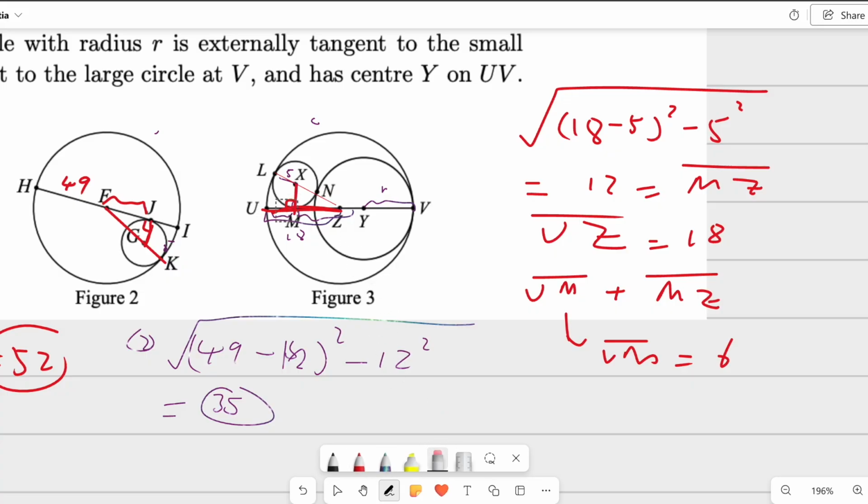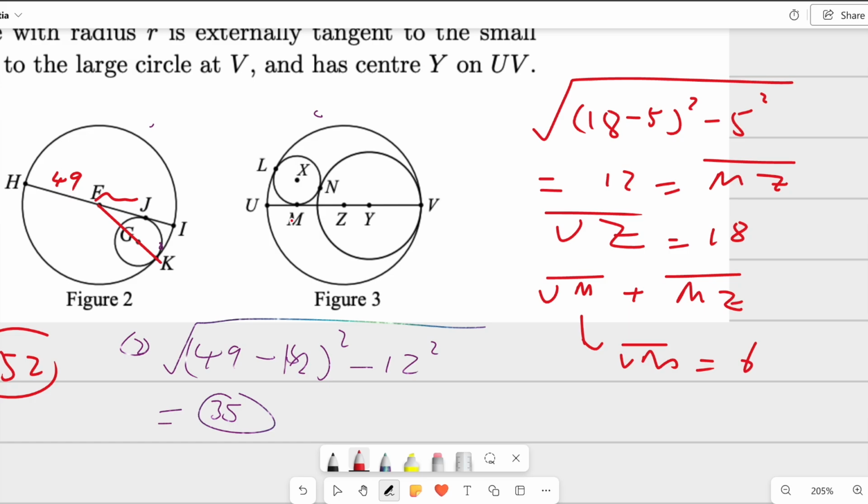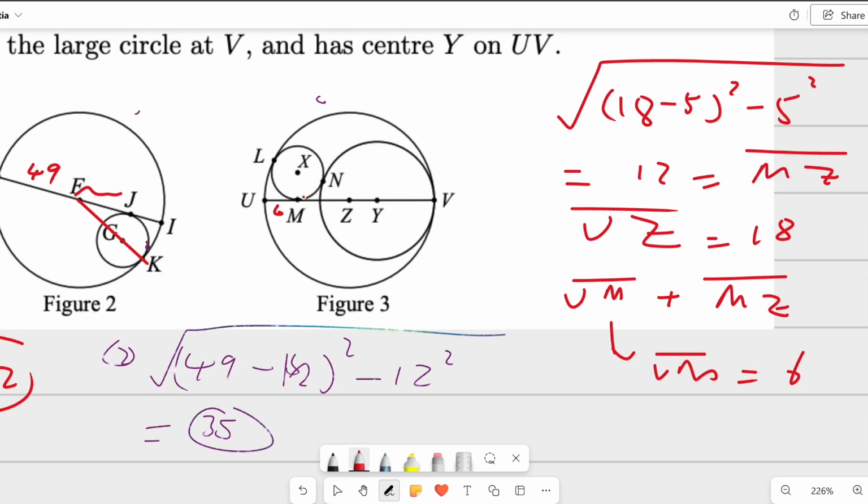So 6 here, UM. Okay, let me write it here more clearly. So here 6, MZ is 12, and this is R.